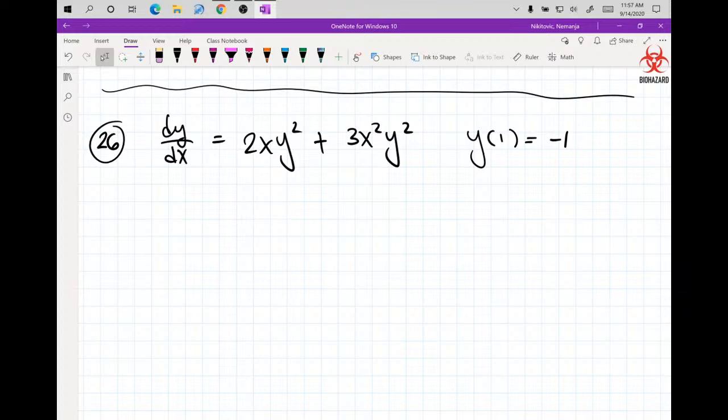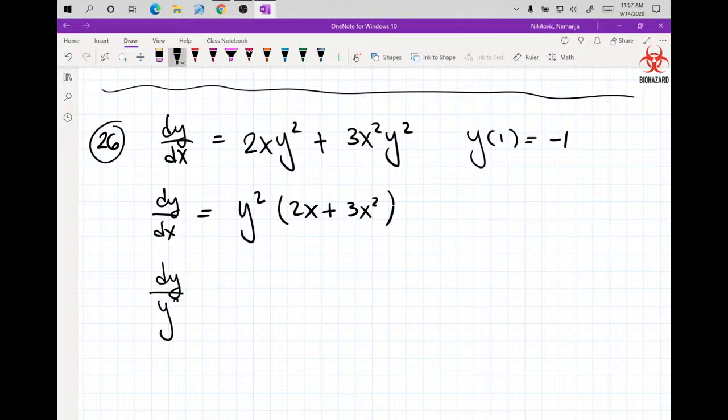What I'm going to do is factor out y's and shift them to the left. So dy/dx is equal to y squared times (2x plus 3x squared). And now we separate. So you get dy over y squared is equal to (2x plus 3x squared) dx. You need these parentheses because dx needs to multiply both of these terms.